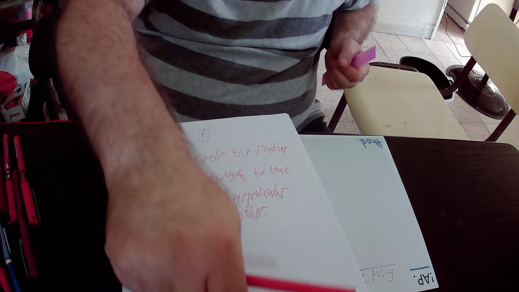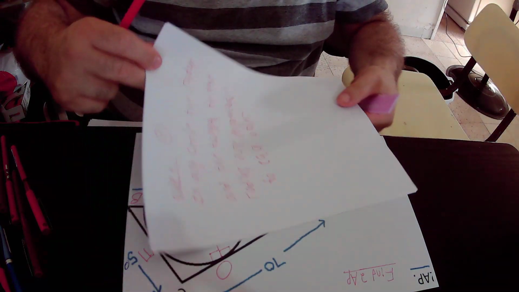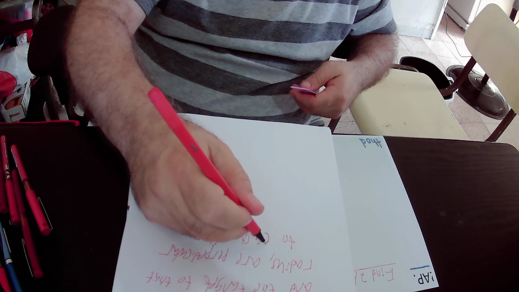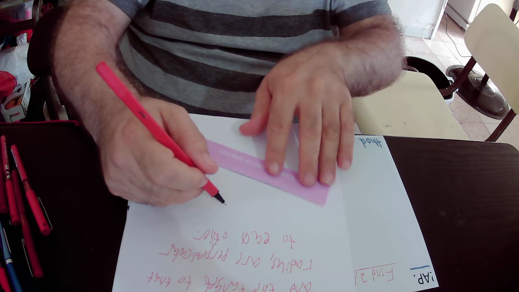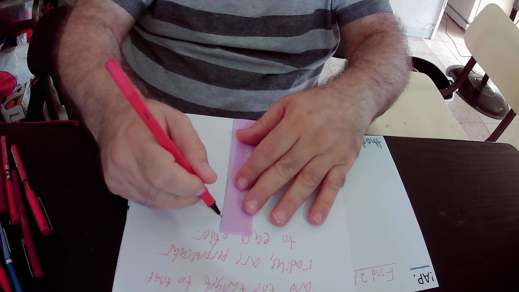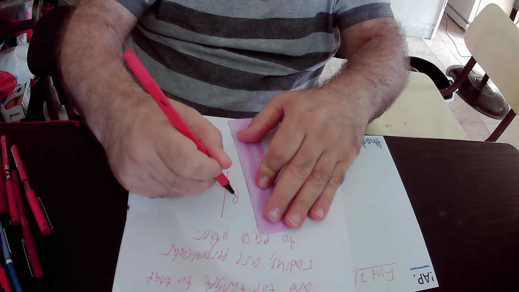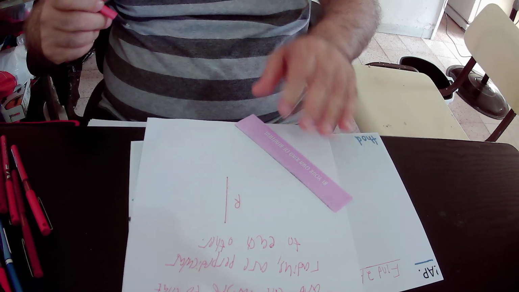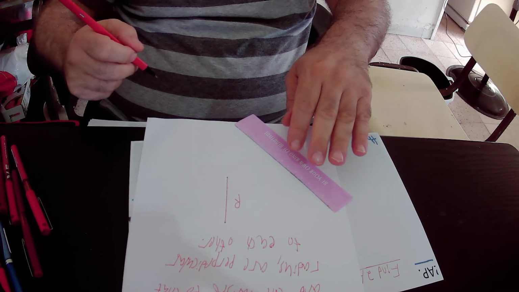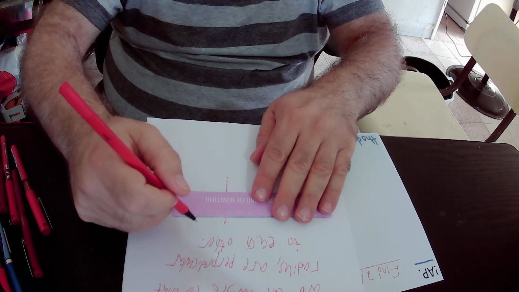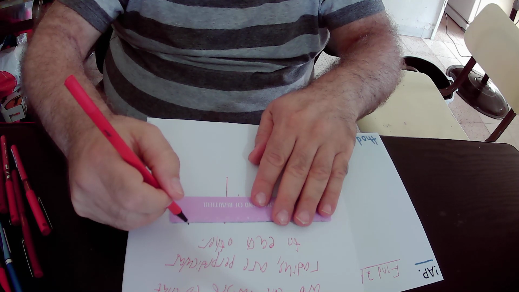I can also draw a picture. So if we have, for example, a radius, let's call it R, then this radius is perpendicular to the tangent to the radius or to the circle.